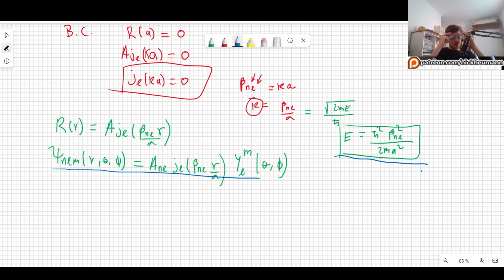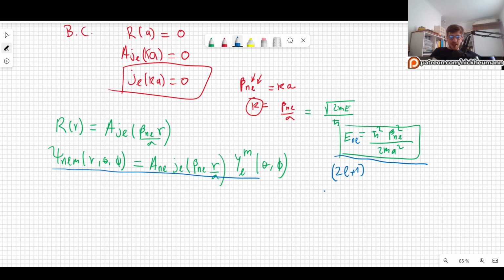So what we will have to notice, of course, is that since the energy will depend on n and l, we need to keep in mind that the energy will be degenerate, right? It will have a 2l plus 1 degeneracy. Now, why is that? Well, because we have 2l plus 1 possible values for m.